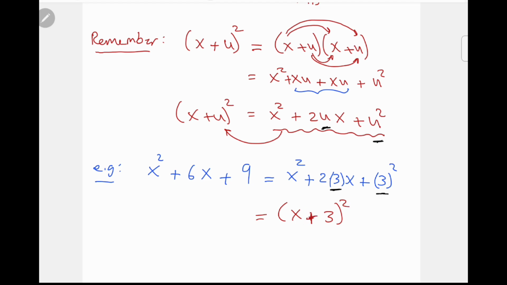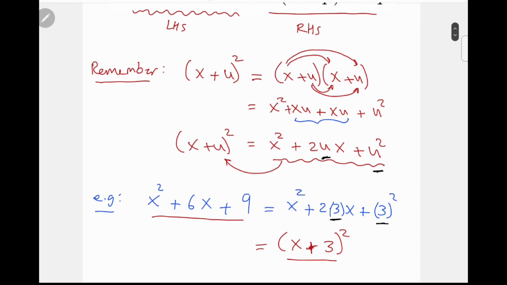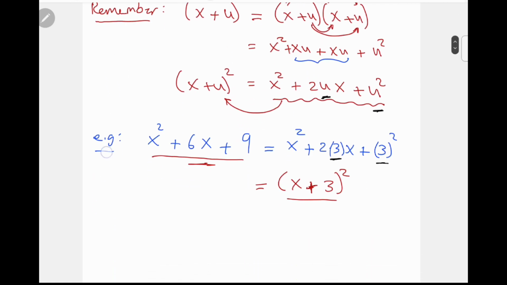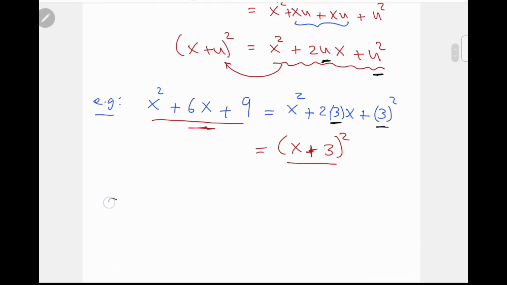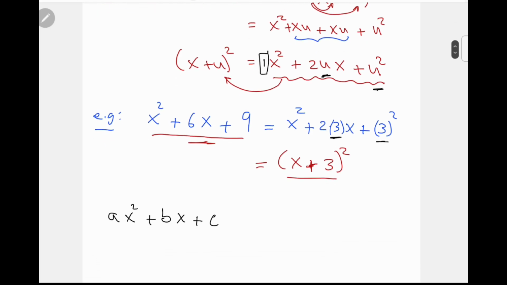All right, so that's basically the idea of how to express something like this into that format. These are special cases. So now the idea is how to create something like that in this expression. Let's go back to the original question. So I have ax squared plus bx plus c. Remember, the coefficient of x squared here must be 1 in order for this trick to work.